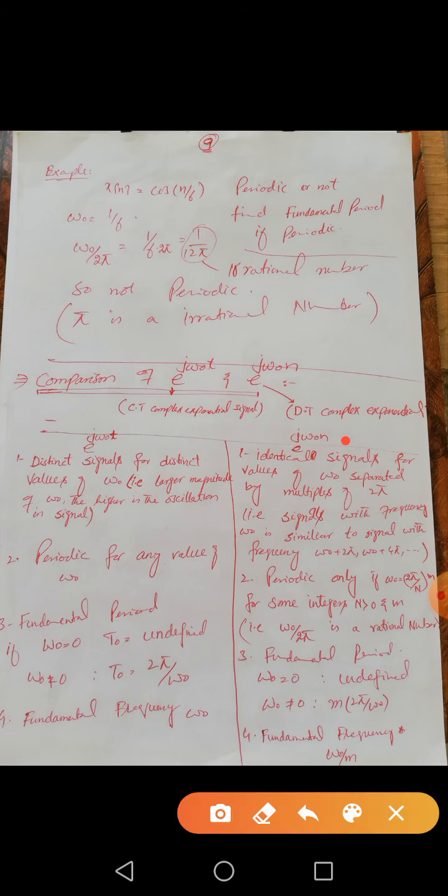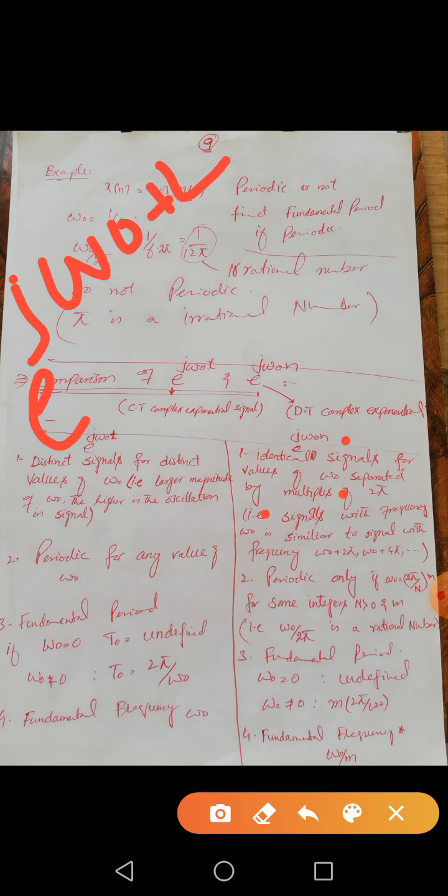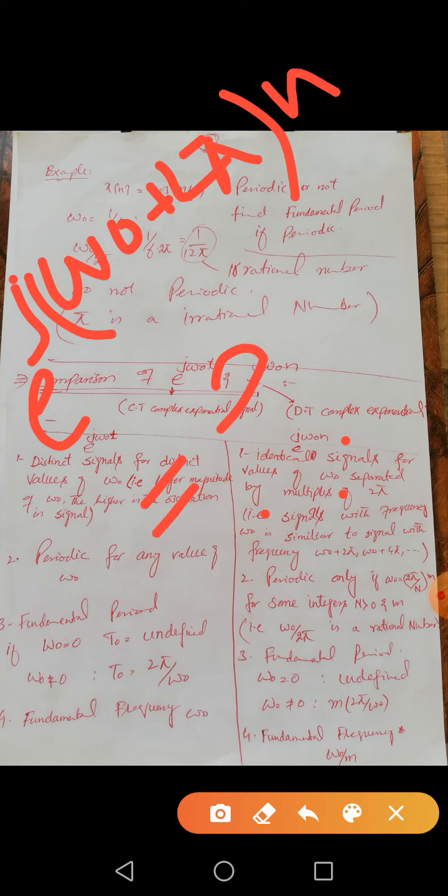However, in the case of e power j omega naught n, we get identical signals for values of omega naught separated by multiples of 2 pi. That is, the signal with frequency omega naught is similar to the signal with frequency omega naught plus 2 pi, omega naught plus 4 pi, as verified in the previous slide, that e power j omega naught plus 2 pi n is equal to e power j omega naught n.